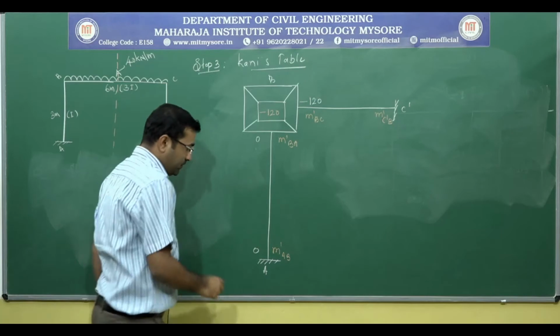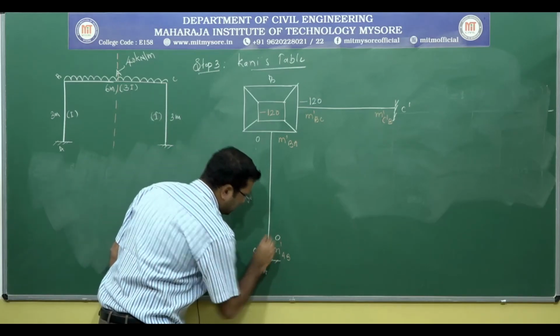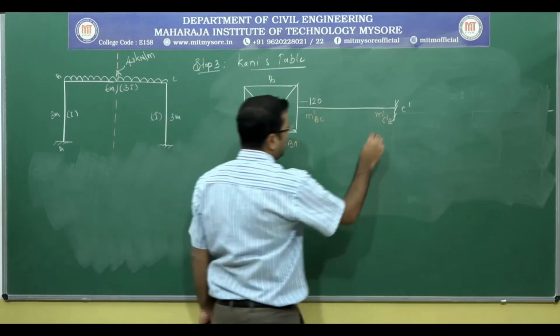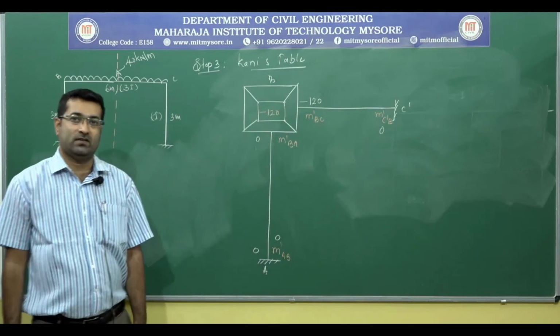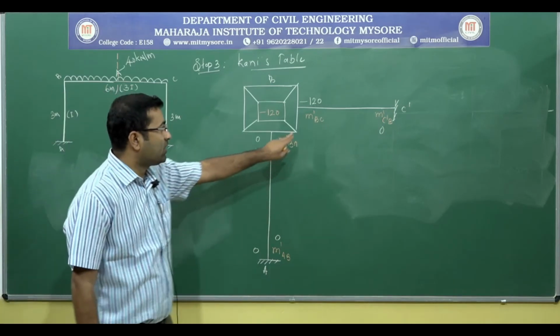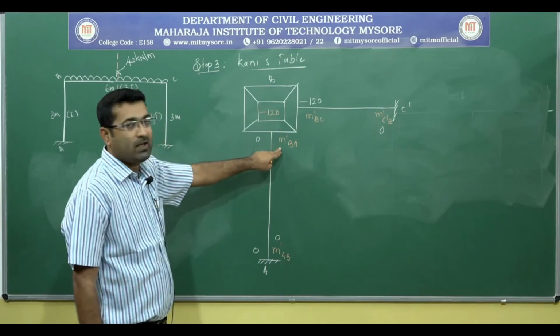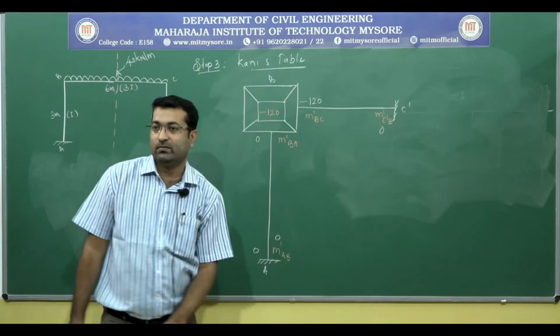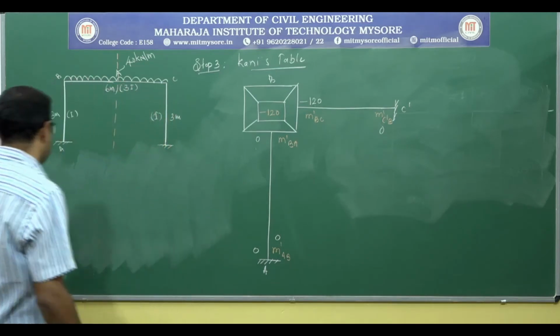As we know, we don't calculate the rotation contributions for the ends, that is M dash AB as well as M dash C dash B, it will be 0. So we need to calculate the rotation contributions only for these two members, that is for M dash BA and M dash BC.